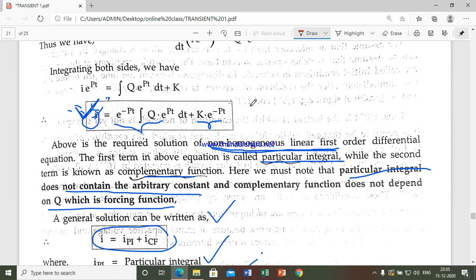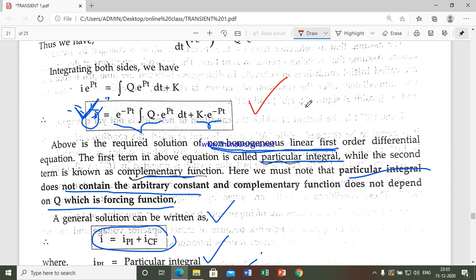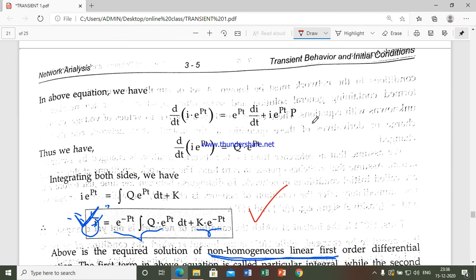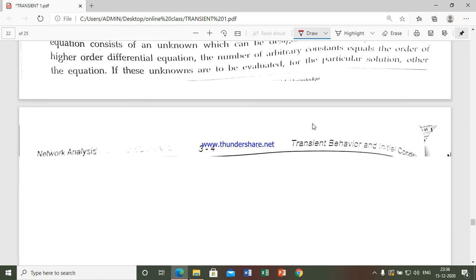For the non-homogeneous equation, this is the result: I of t equal to e raised to minus pt integration of q into e raised to pt dt plus k into e raised to minus pt. This is the solution for the non-homogeneous equation.